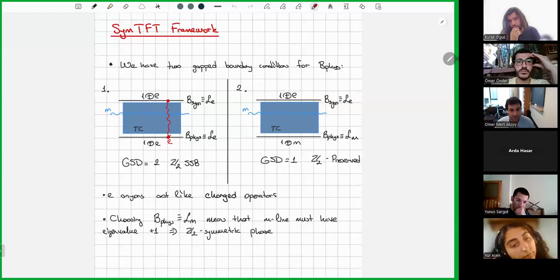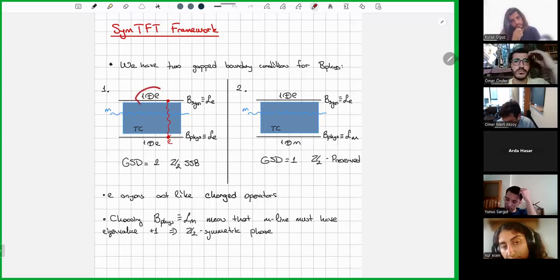And then this gives a nice interpretation of this twofold ground state degeneracy. We now interpret this as the Z2 SSB phase, something like the ferromagnetic phase of the global Z2 symmetry that is set by the top boundary. So the E anyons act like charged operators.